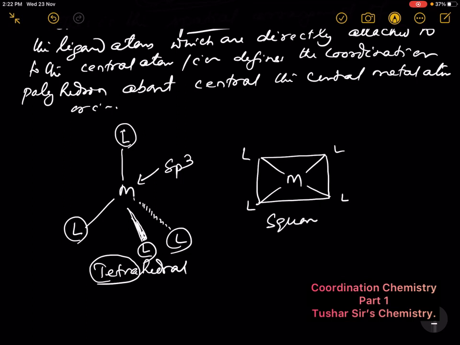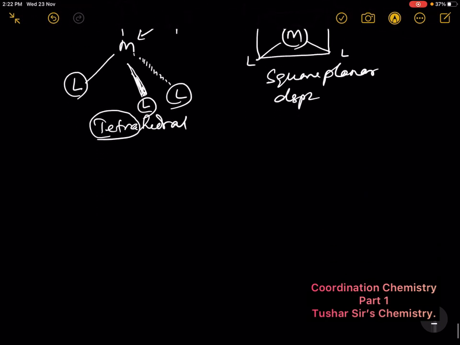Then here the metal atom is there, you have made a square planar, then above it ligands are there. These are monodentate ligands.